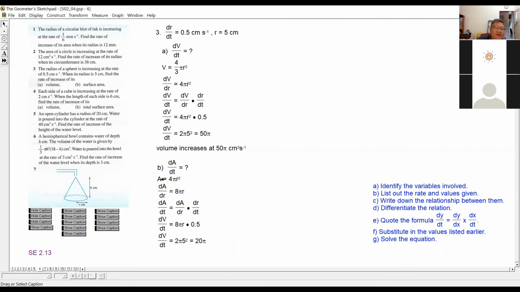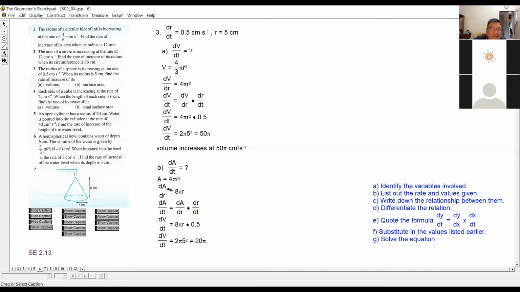Some questions, the formula is given, right? Now, in this question, it's not given. But if you look at question number 6, it is given, right? So different question, different style. If it's not given, then you have to write down the relationship. If it is given, you just copy down the relationship.